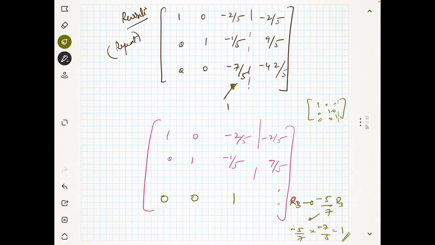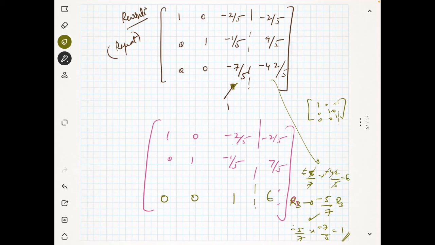Okay. And next this one becomes minus 5 by 7 into minus 42 by 5. So this will cancel. Minus minus becomes plus and this becomes 6. So you will get here 6, right?